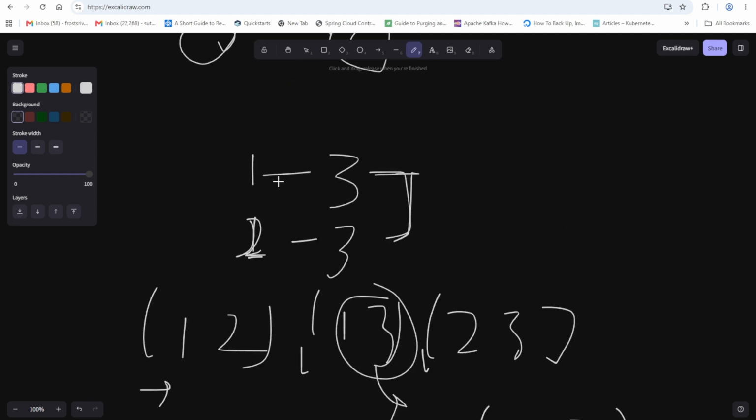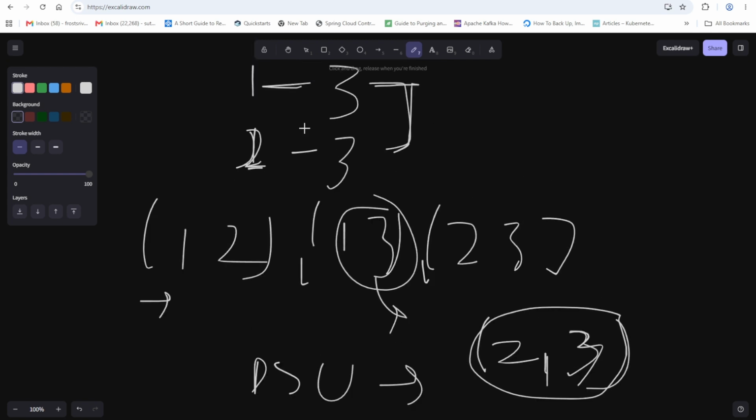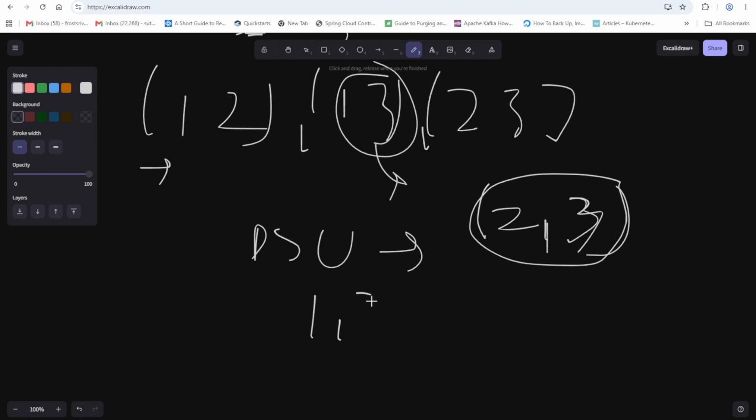We are just skipping one of them: suppose we skip 1 comma 3 and still find the cycle, then 2 comma 3 is our extra edge. And if we didn't find the cycle by skipping 1 comma 3, that means 1 comma 3 itself was the edge that is forming the cycle.